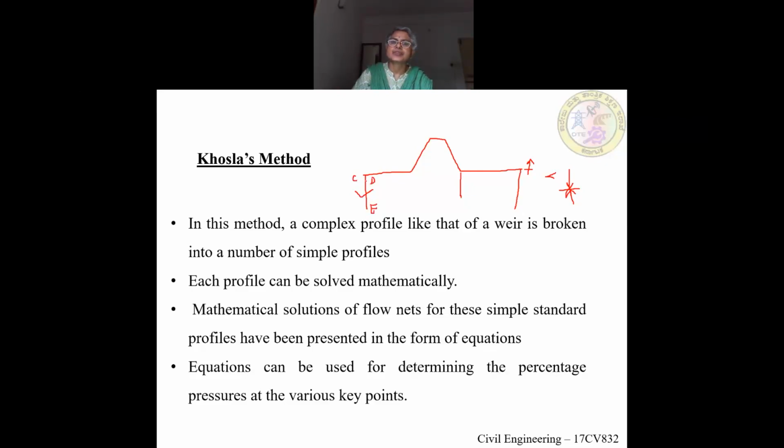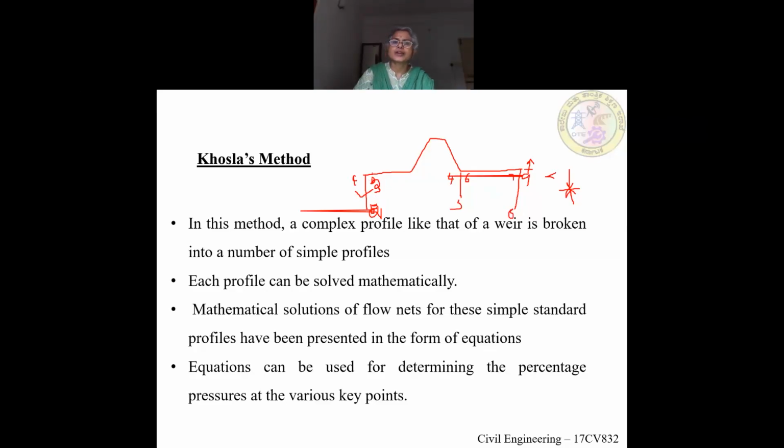Like this, C, D, E. Or you can call these 1, 2, 3, 4, 5, 6, 7, 8, 9. So these are the key points.